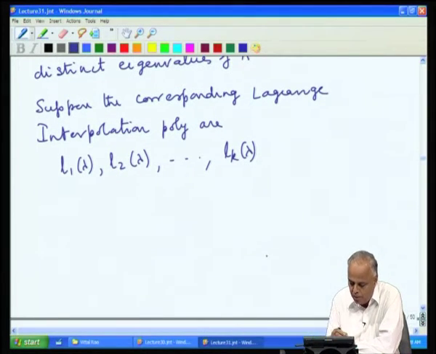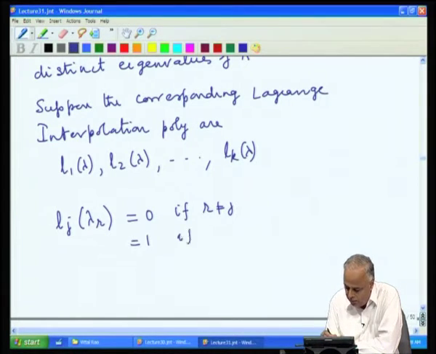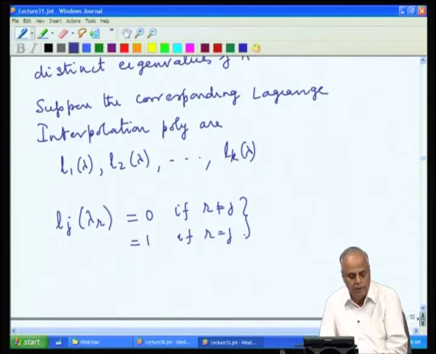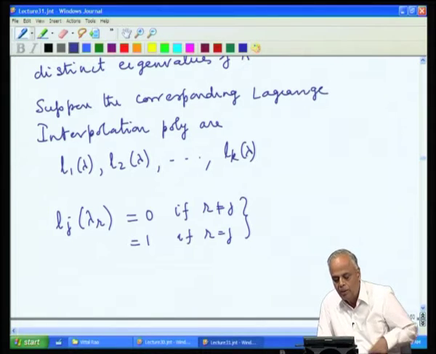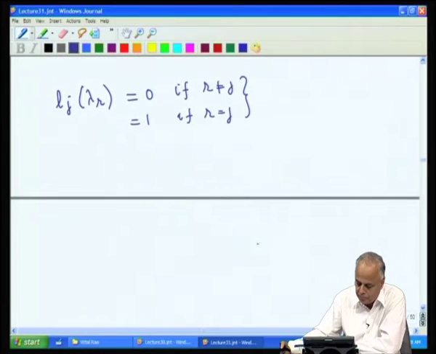Then what do we know about them? Remember, Lⱼ(λ_r) is 0 if r is not equal to j and equal to 1 if r equals j. This is the characteristic property of the Lagrange interpolation polynomial. The jth polynomial lights up at the jth eigenvalue.